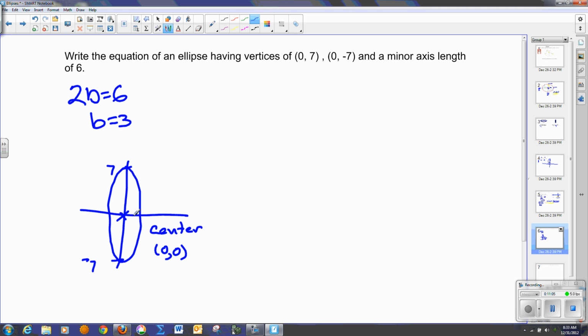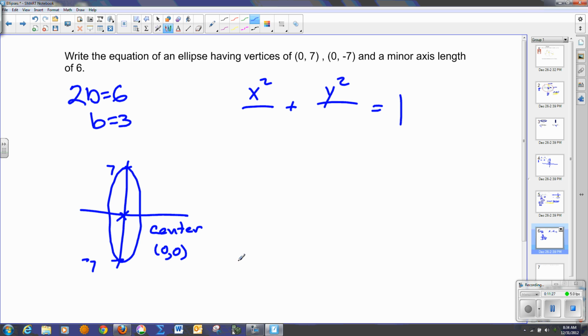Because it's halfway between the two vertices. So therefore, x minus h is just x minus 0, or x squared. Y minus k is also y minus 0, or y squared. And as in all ellipses, those are always equal to 1.